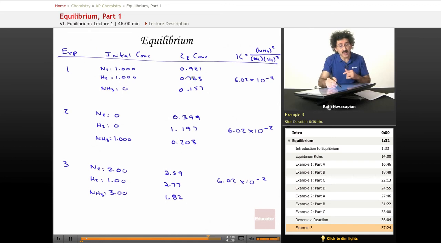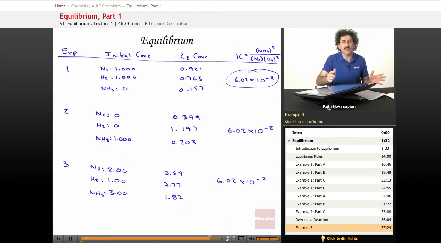Turns out the nitrogen concentration was 0.921, hydrogen concentration was 0.763, and the ammonia concentration was 0.157. We put these values, because they're equilibrium concentrations, into the equilibrium expression: ammonia squared over nitrogen times hydrogen cubed. Let me rewrite the nitrogen to make it a little more clear here. We're dealing with N2. And we got a number, 6.02 times 10 to the negative 2. That's fine. Equilibrium concentrations, we stick them into the expression, we get a certain number.